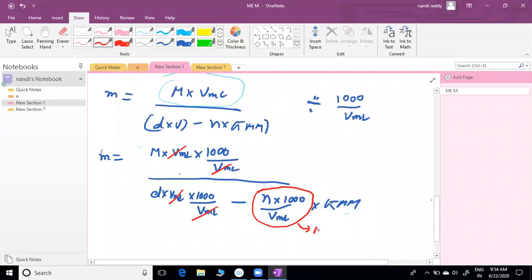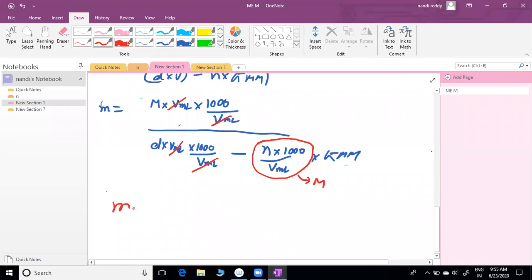Can I write? So small m equal to capital M into 1000 by D into 1000 minus molarity into gram molecular mass.